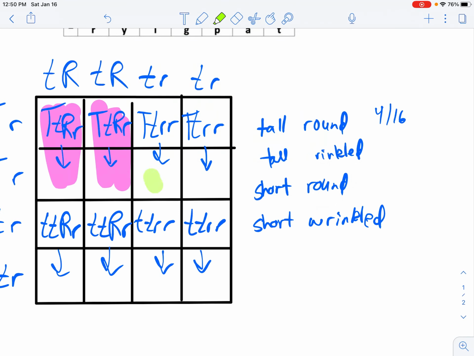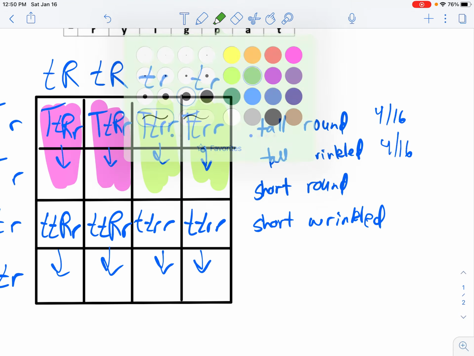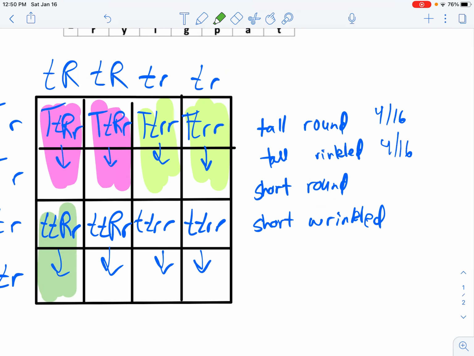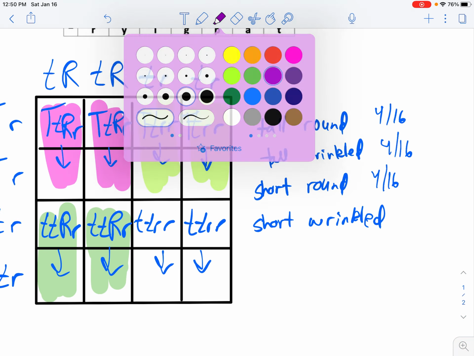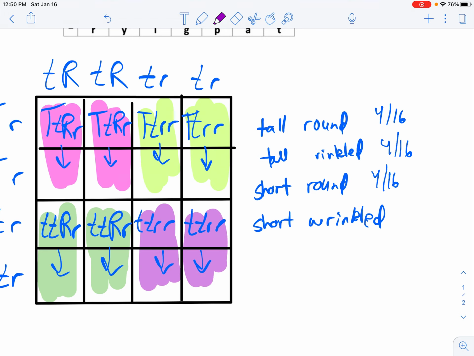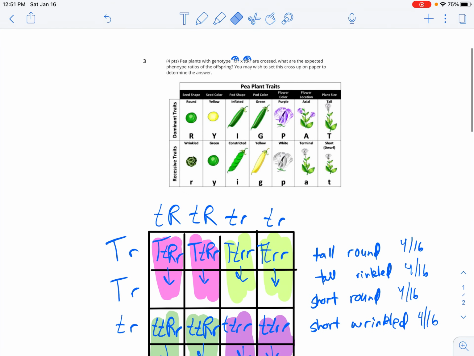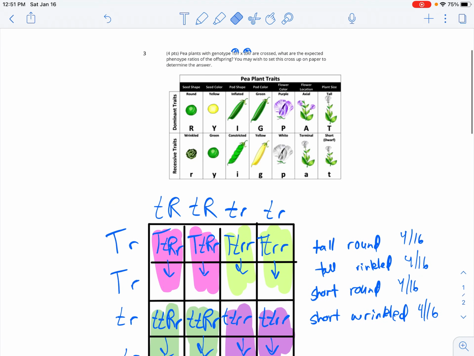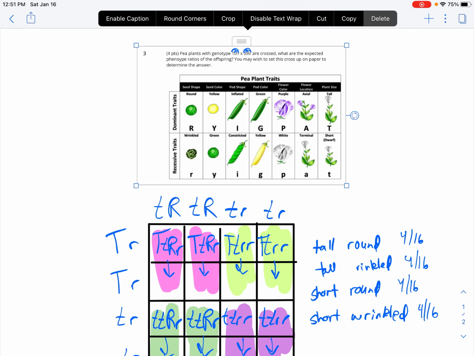How many are tall and wrinkled? 1, 2, 3, 4. How many are short and round? 1, 2, 3, 4. And how many are short and wrinkled? 1, 2, 3, 4. Okay, so that was question number 3.